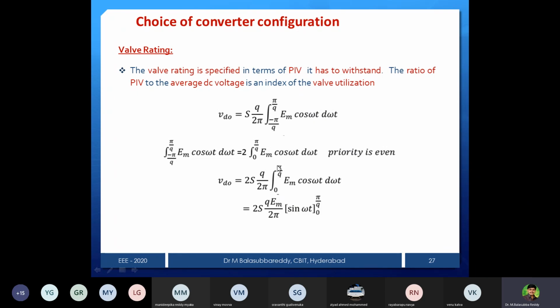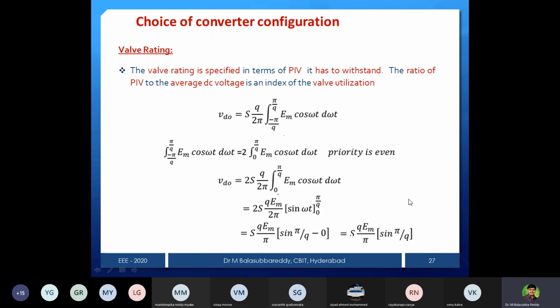Why pi by q? Because Q number of valves are connected in parallel, whether it is a one valve converter or a two valve converter or whatever, therefore that will decide the conduction interval. If I substitute it, our expression is S Q Em by pi into sine of pi by q. Only a simple substitution, and we get it as the valve rating.